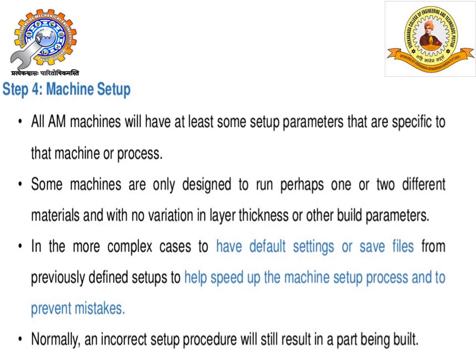In the more complex cases, default settings or saved files from previously defined setups help speed up the machine setup process and prevent mistakes, because sometimes the previous machine data will be taken to process the present run. Normally, an incorrect setup procedure will result in a part being built incorrectly.